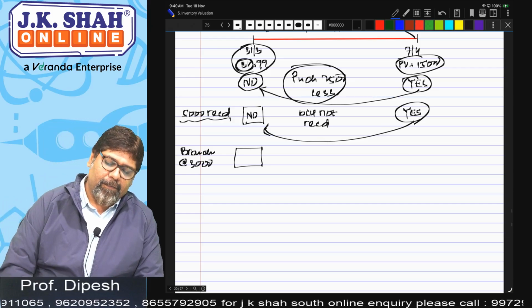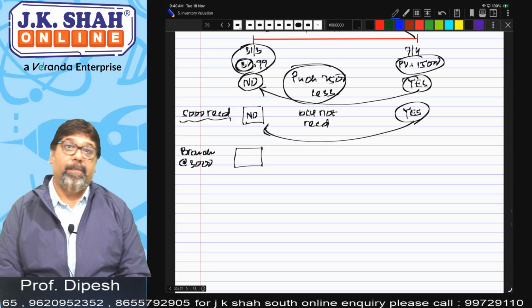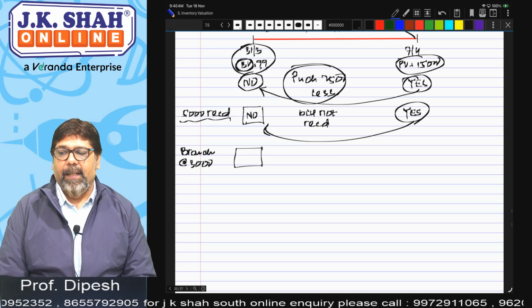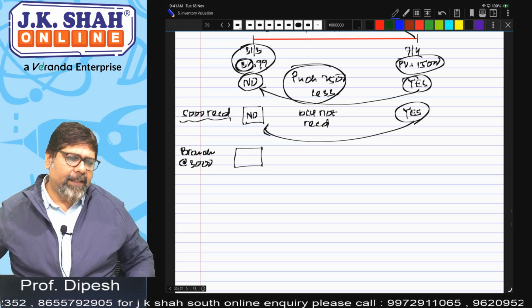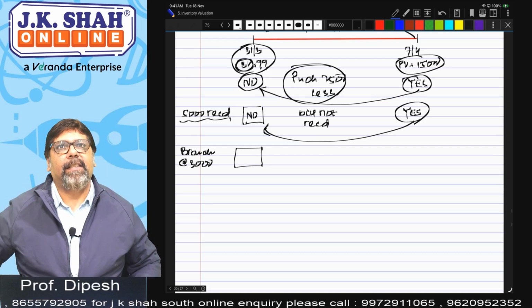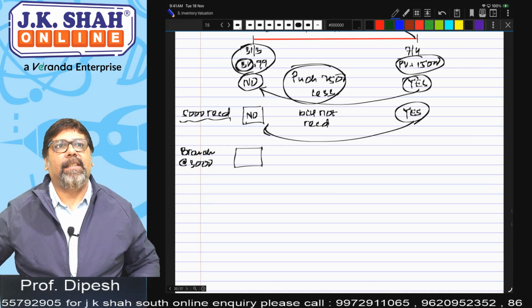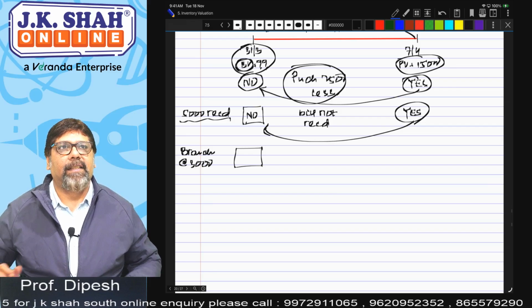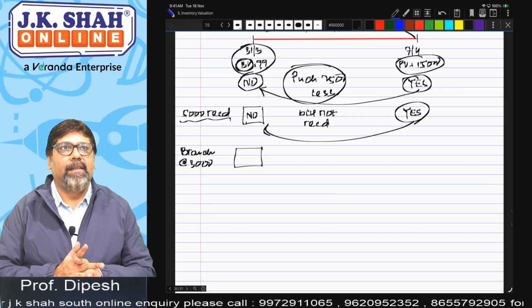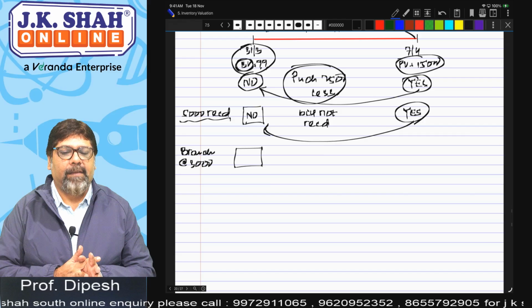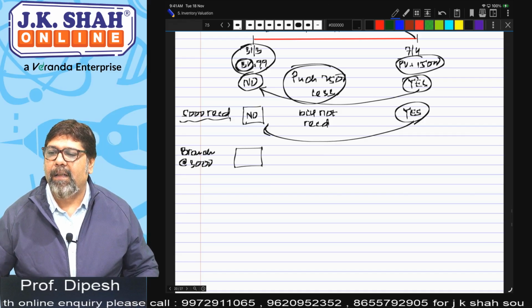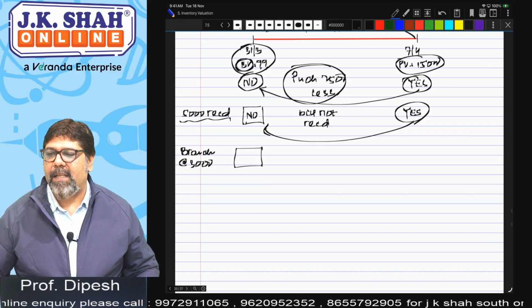On 31st of March, in branch there is a stock. What will I write? Yes or no?